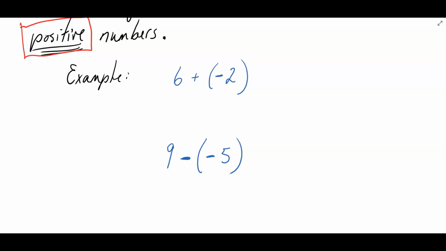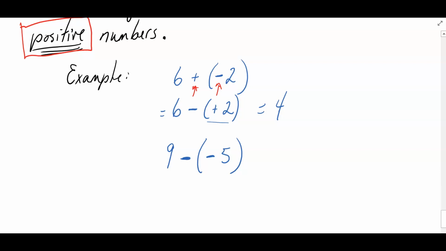What this means is, instead of working with an operation on a negative number, I want to find out what would happen if this was a positive number. So if I change the sign of the number, then I must also change the operation to the opposite. So this becomes 6 subtract +2. So now I am performing an operation with a positive number, and 6 subtract 2 is 4.